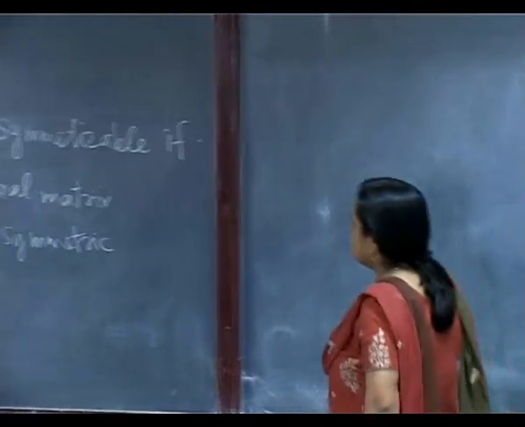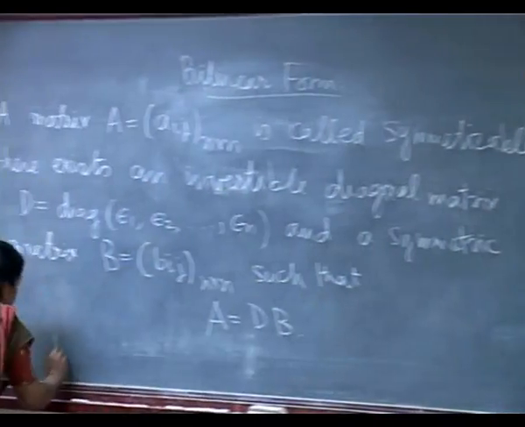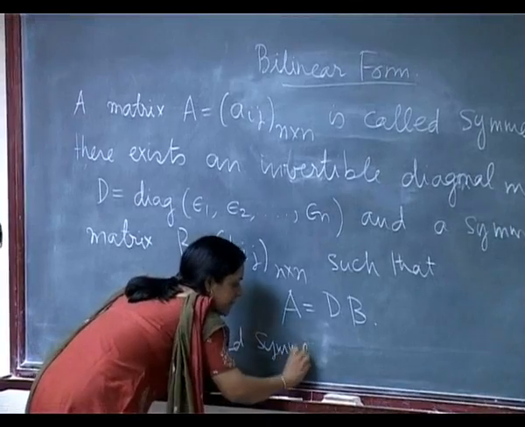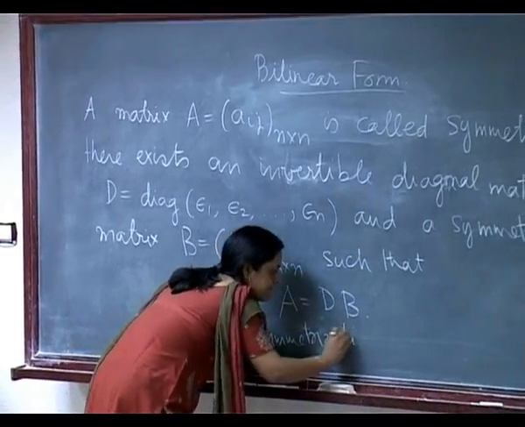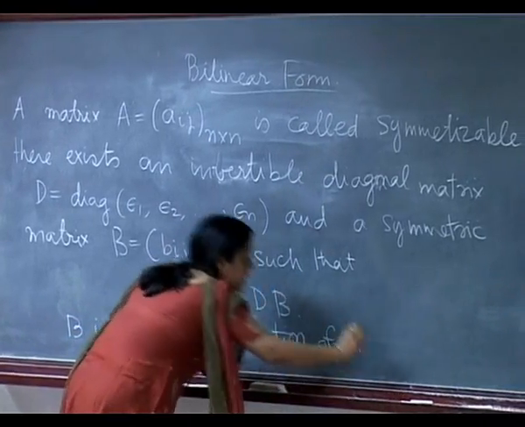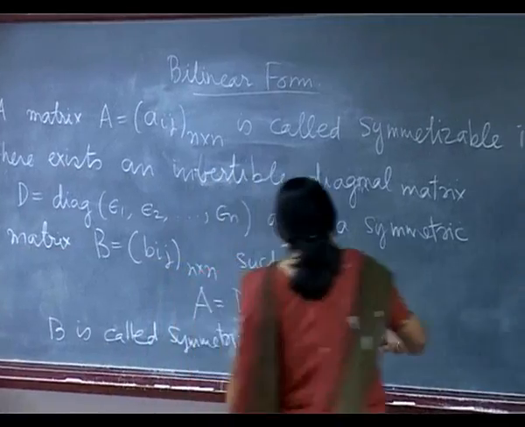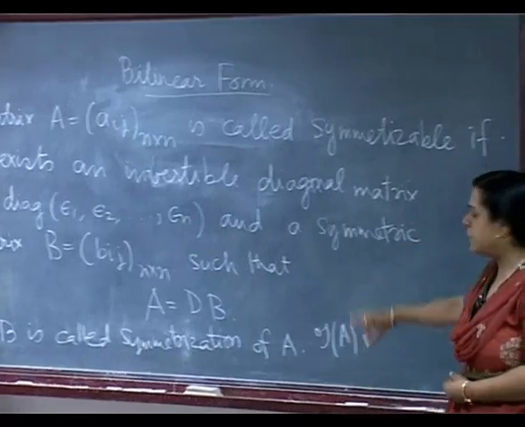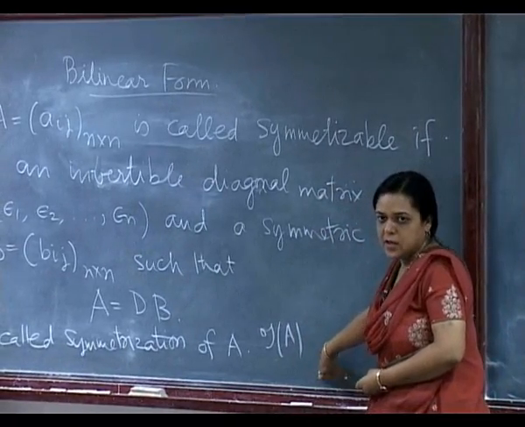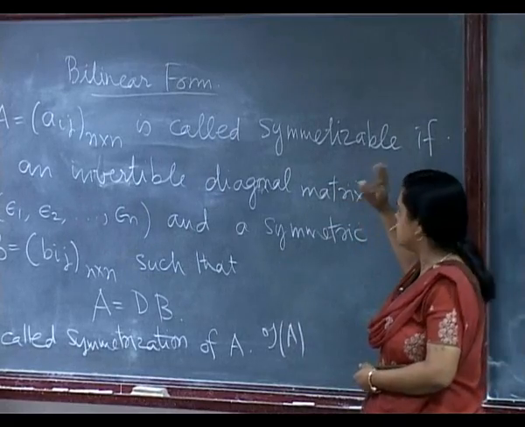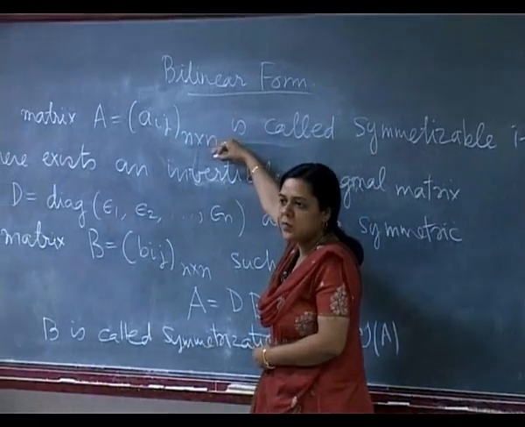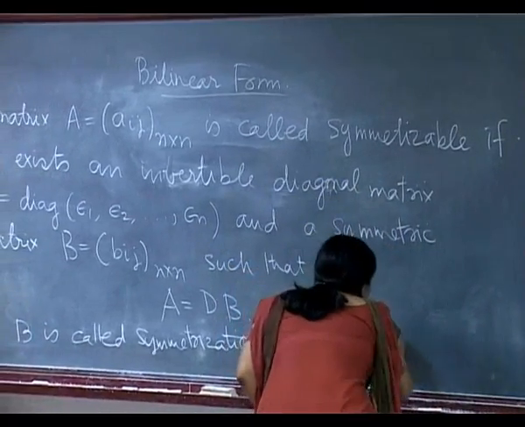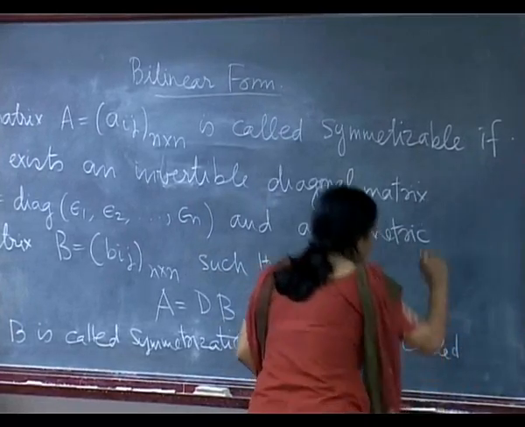So, B is called the symmetrization of A, and the corresponding Lie algebra g(A), once I am taking a generalized Cartan matrix, is a Kac-Moody Lie algebra. So, then g(A) is called the symmetrizable Lie algebra.